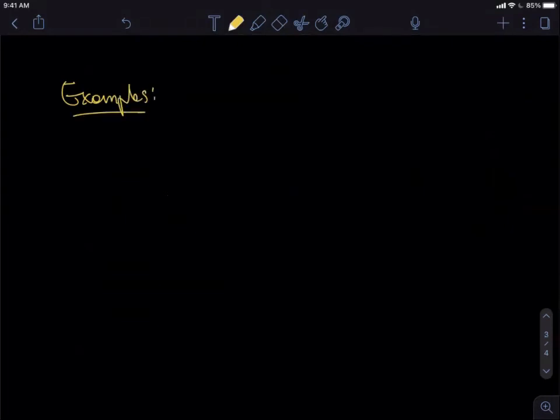For instance, some very important functions that we are going to be using are the coordinate functions. So phi_i of x is just the x_i coordinate for every x in R^k. Here our metric space will be R^k.